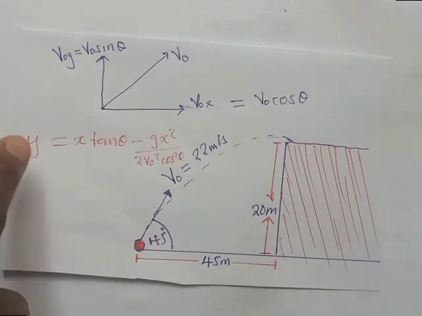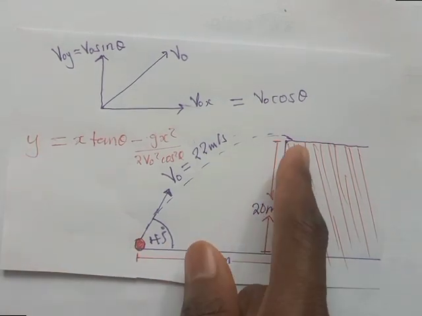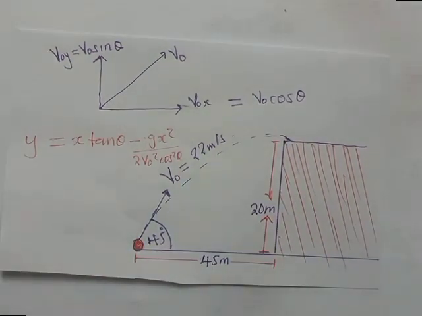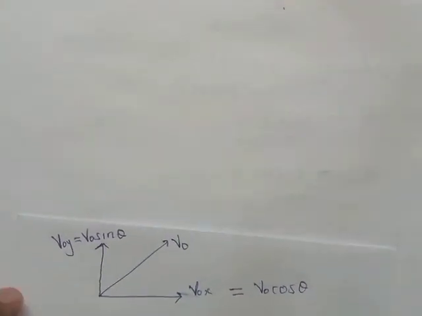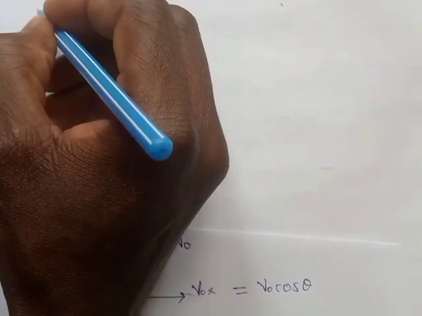If this height is going to be above 20, it will land on the wall, or rather on the cliff of this same wall. But if it will be less than 20, definitely it can't even land on the wall. Okay, we start. So I'll use a trajectory equation.